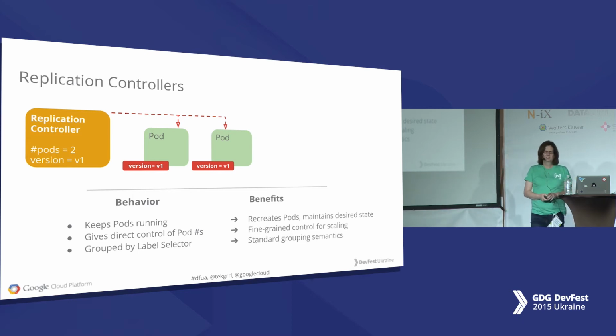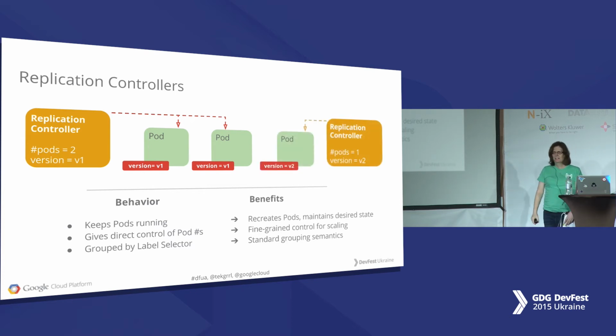And the replication controller's responsibility is effectively to create pods based on our specification. And that will be a template for creating containers and pods, and also the number of replicas we want. Is it 5? Is it 10,000? Or in this case, 2 as in the diagram. So the replication controller effectively makes sure there's always 2, in this case, 2 of these pods with label equals version equals V1 running all of the time.